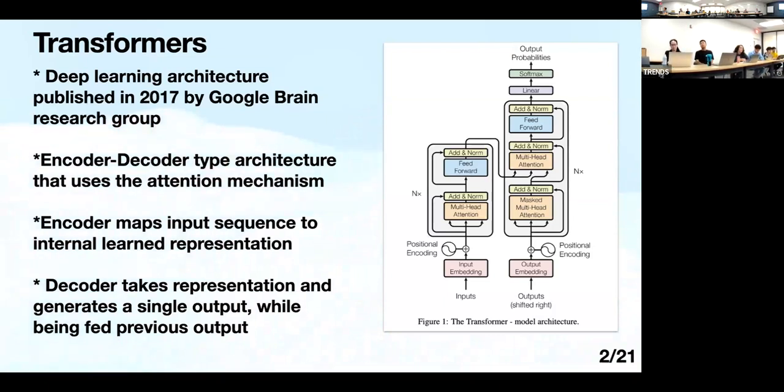The encoder block maps the input sequence to an internal learned representation. Essentially it takes in some sequence of words, and each word is mapped to some type of numerical representation. The decoder takes this representation and generates a single output, which is fed back while being fed the previous output.